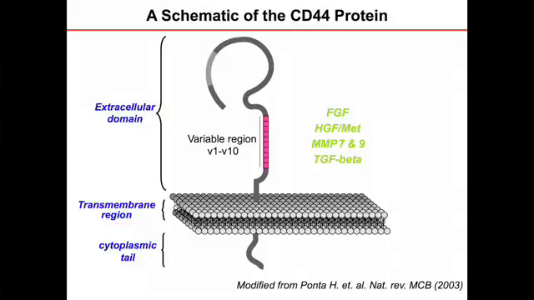So CD44 is a cellular membrane protein that is composed of an extracellular domain, a transmembrane region, and a cytoplasmic tail. The unique feature of CD44 is that it has 10 variable exons located in the extracellular domain. Including these variable exons results in generation of peptides that can interact with growth factors such as FGF and HGF, leading to formation of co-receptor complexes with receptor tyrosine kinases that result in activation of cellular signaling inside cells.